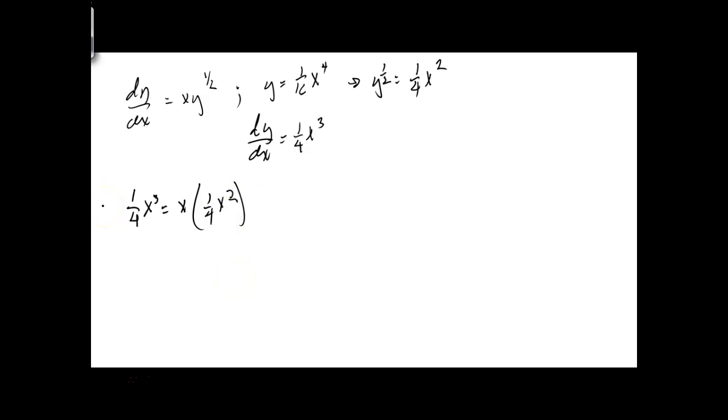Let's see what we got. 1/4 x cubed, left hand side, is equal to 1/4 x times x squared, which is x cubed. Yeah, that's it. 1/4 x cubed is equal to 1/4 x cubed. An identity. So you now have verified that y is equal to 1/16 x to the 4th does solve that differential equation.